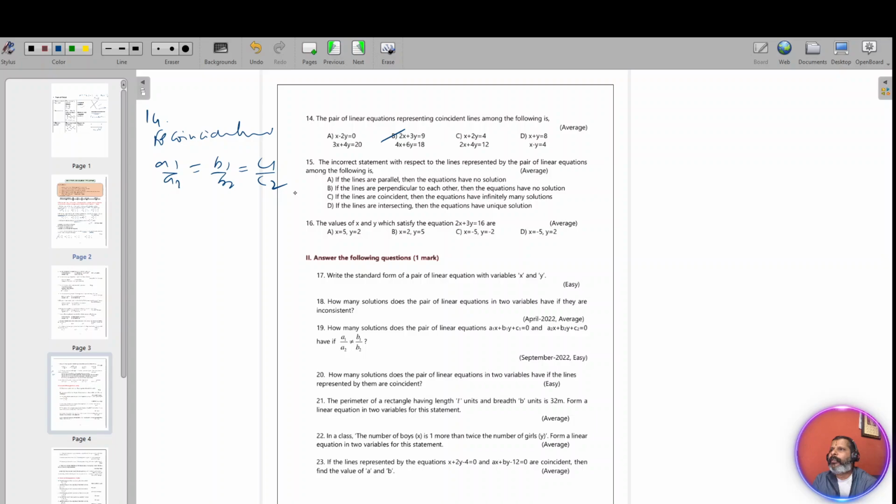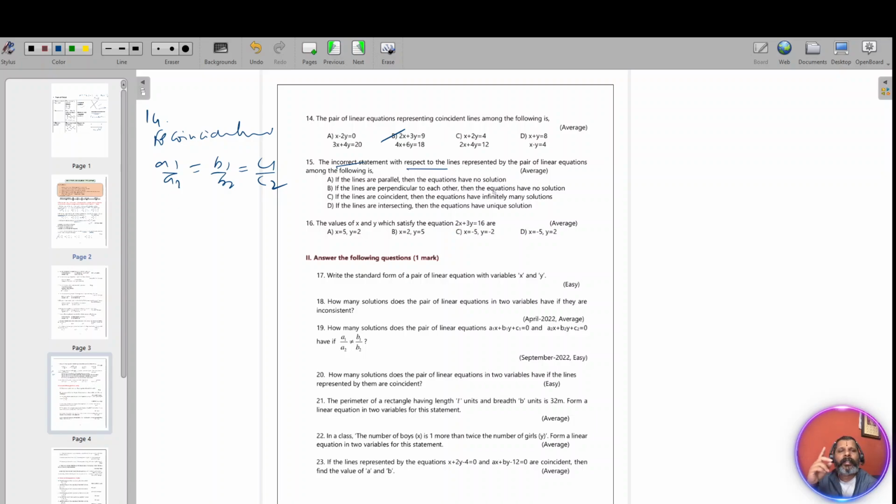15th one. The incorrect statement among the following. Please read the keywords properly. So, what is the incorrect statement? If lines are parallel, then the equations have no solutions. Exactly. Other things you can just check out. In coincident, infinitely many solutions, it is a true statement. For intersecting, a unique solution, that is also a true statement.